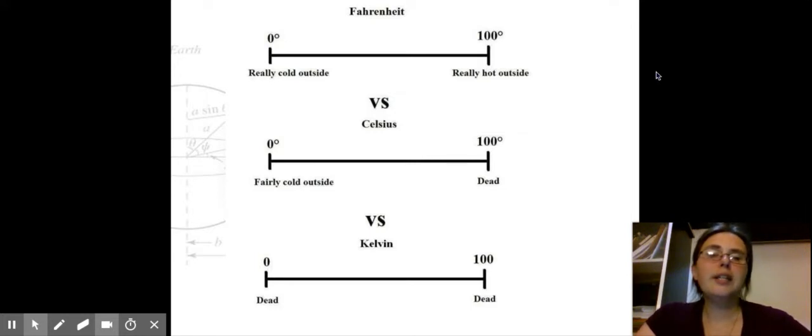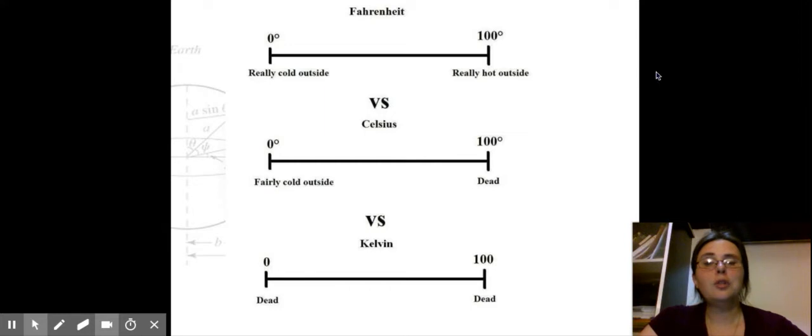So in Fahrenheit, it's really cold outside when it's 0 degrees, and it is really hot outside when it's 100 degrees. But at 0 degrees Celsius, that's only like 32 degrees Fahrenheit. And 100 degrees Celsius is really hot. It's 212 degrees Fahrenheit, whereas Kelvin is really cold at 0 degrees Kelvin.